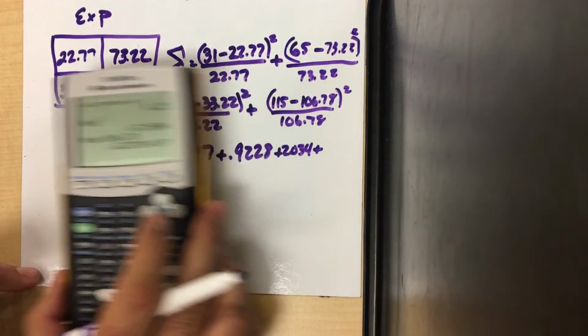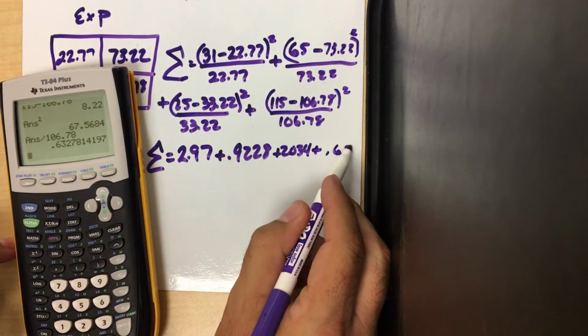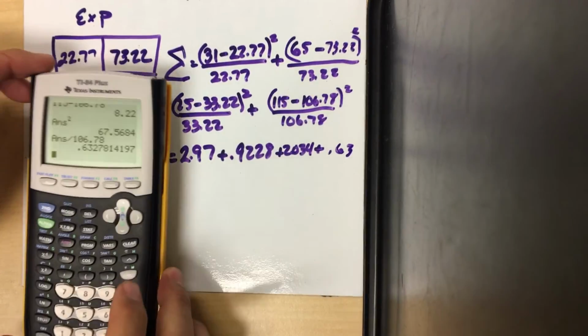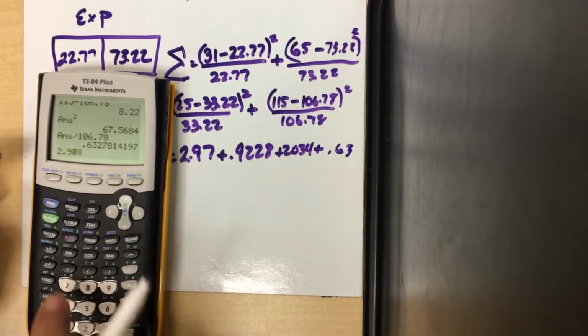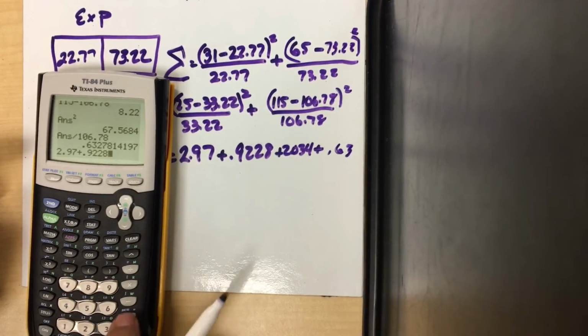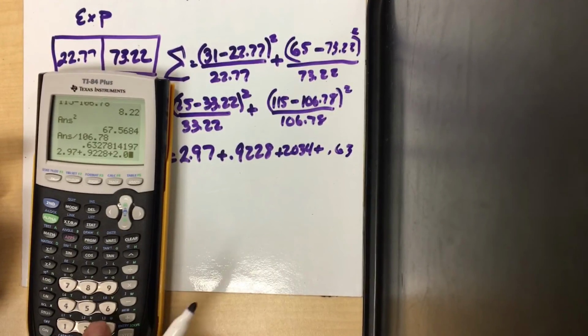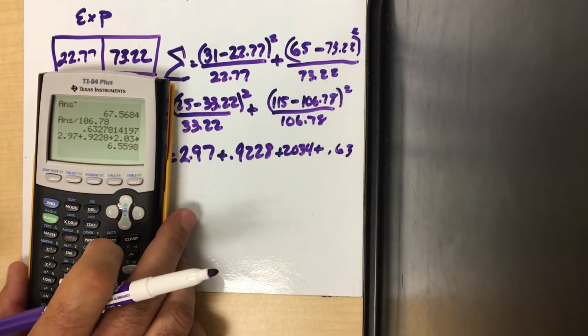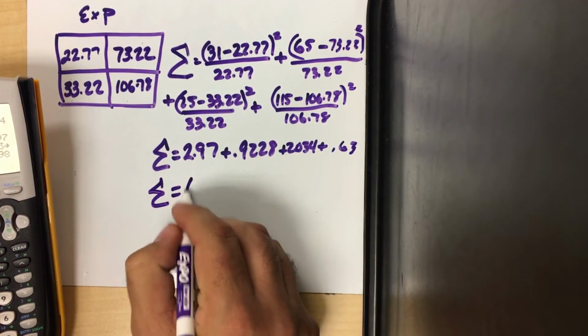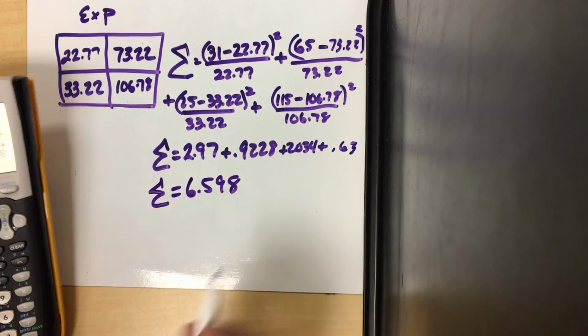And we get 0.63. And so then we'll add those up. So what do I have? I've got 2.97 plus 0.9228 plus 2.034 plus 0.633 is 6.598. So the sum is equal to 6.598.